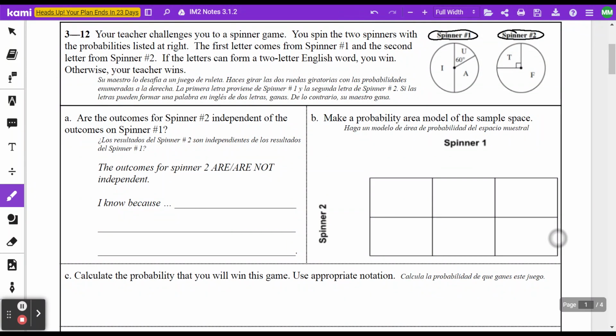Okay. First of all, part A, are the outcomes for spinner 1 and 2 independent of one another? Well, if I spin on spinner 1, that has nothing to do with spinner 2, just at all. So yes, they are independent. And I know because the spinners are not connected.